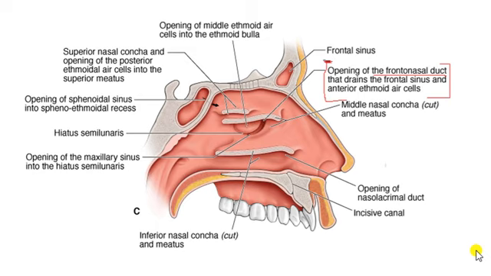This is the lateral wall of the nose, where the concha and meatus can be seen. And we all know that the frontal sinus opens into the hiatus semilunaris, which is present in the middle meatus.